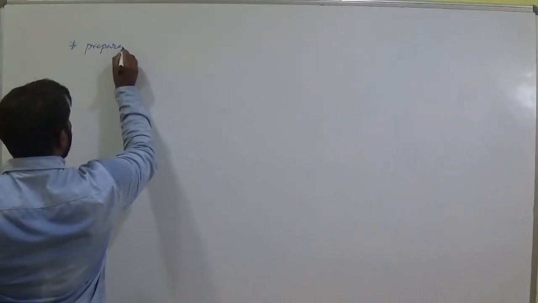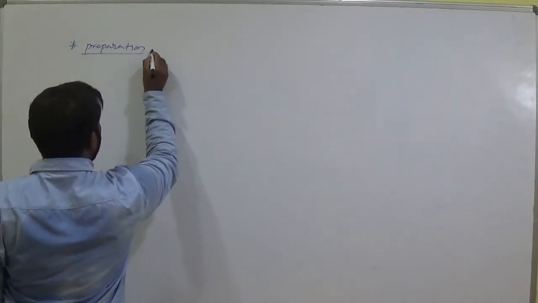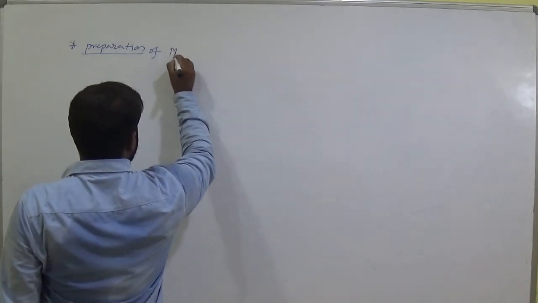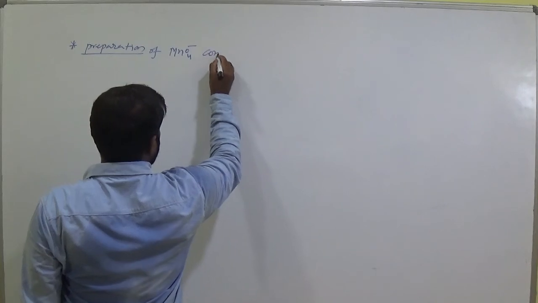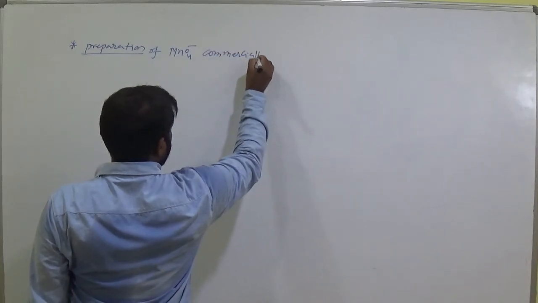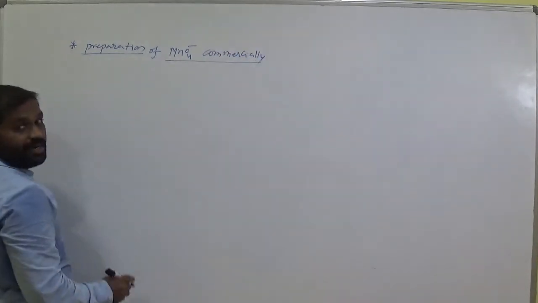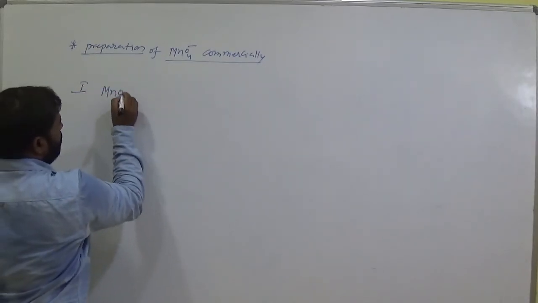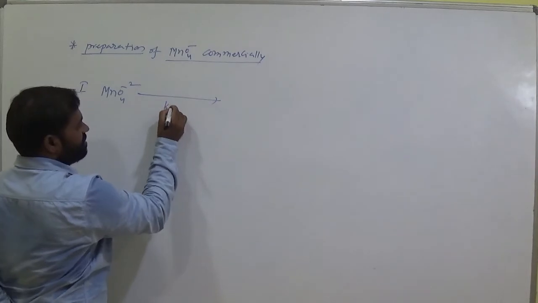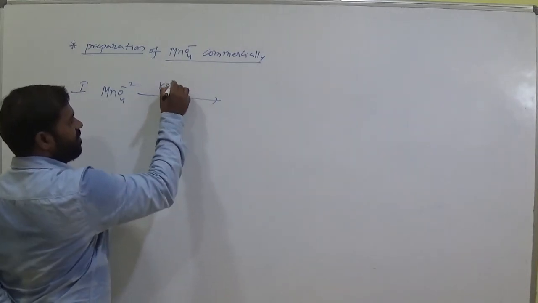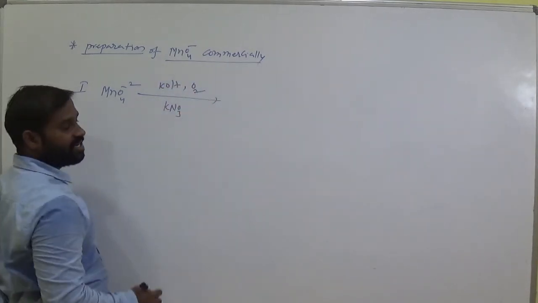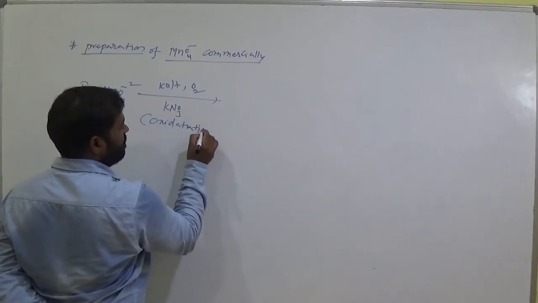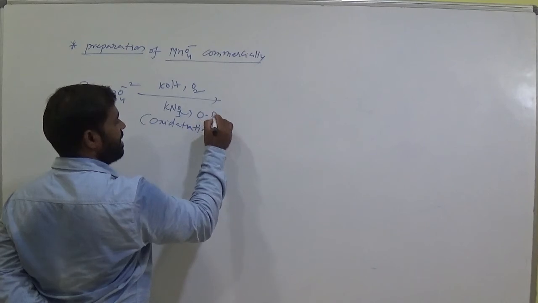And preparation of MnO4 minus commercially. Let's see how to prepare manganate ion in the first step. MnO2 in the presence of potassium nitrate and KOH and also oxygen. Okay, oxidation takes place. This is the oxidizing agent.